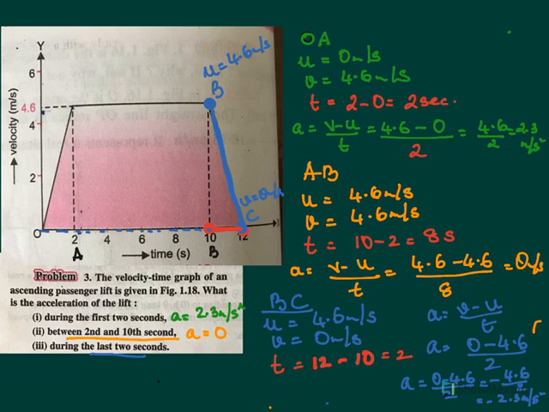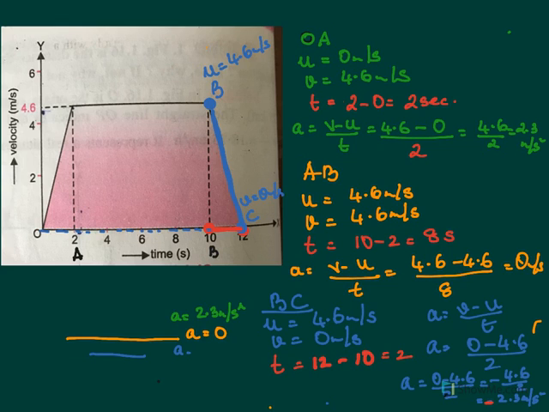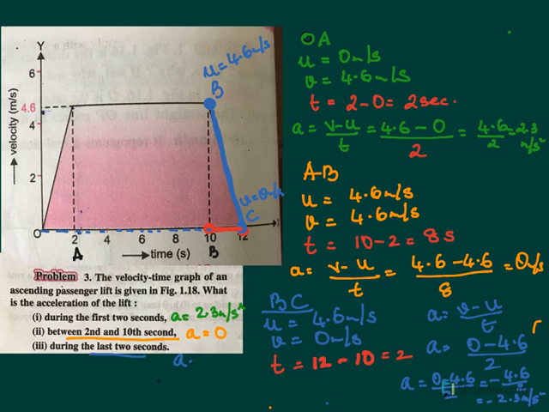So we got the acceleration, this retardation is minus. Why did we get minus? Because it is retardation. So for this last one, the acceleration is a equal to minus 2.3 meter per second square.